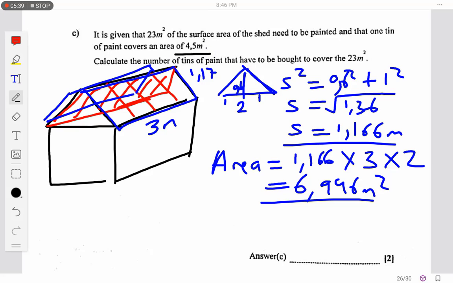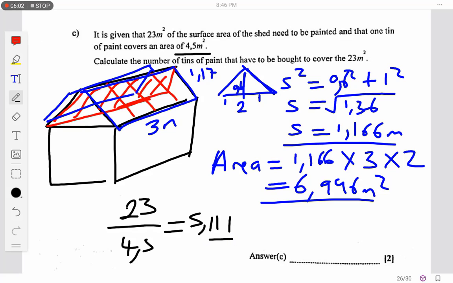We were answering something totally different, but I think we are going to use this information, so I'll not rub it. So basically, to answer this one, that's why it has got 2 marks, we are just going to say 23 divided by 4.5 to get the number of tins, and I will get 5.111. And we don't have a 0.111 of a tin, so basically we will buy 6 tins. Okay, that was the question.